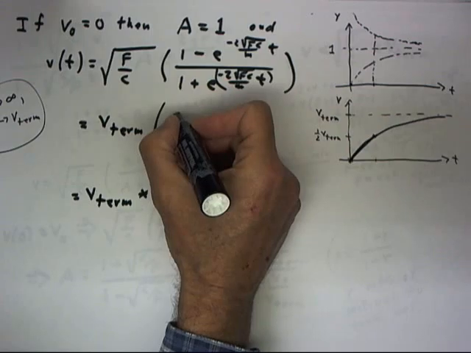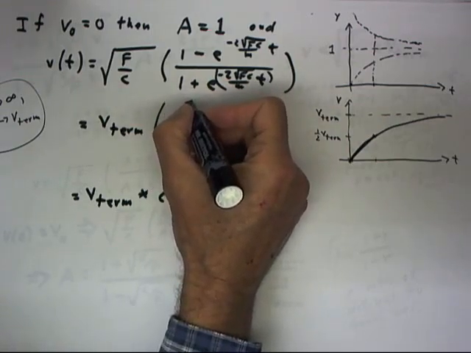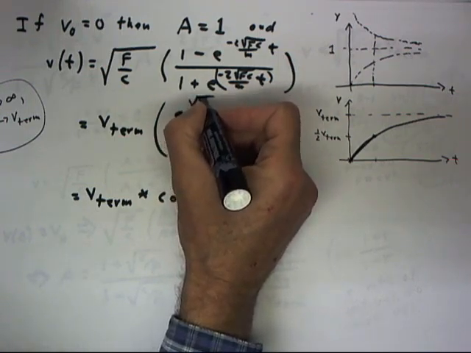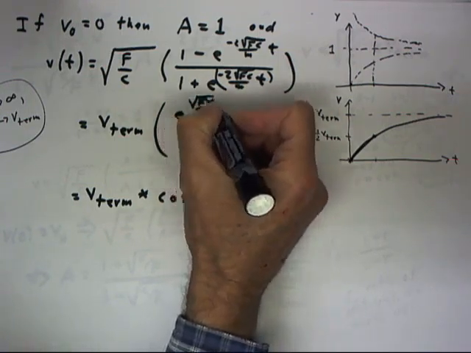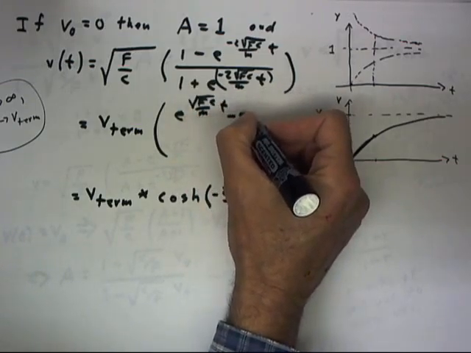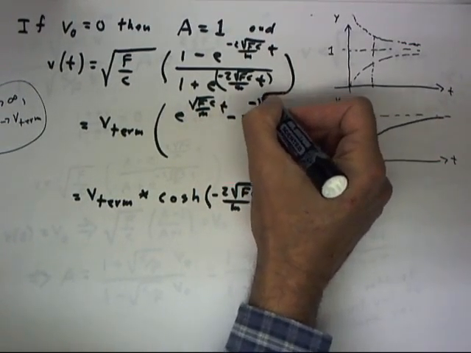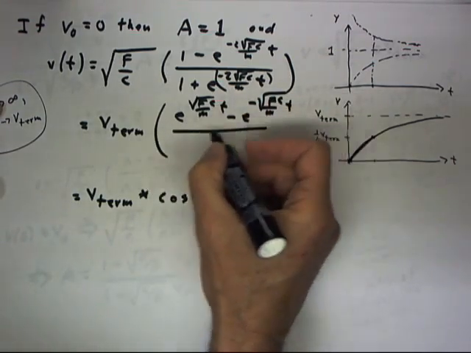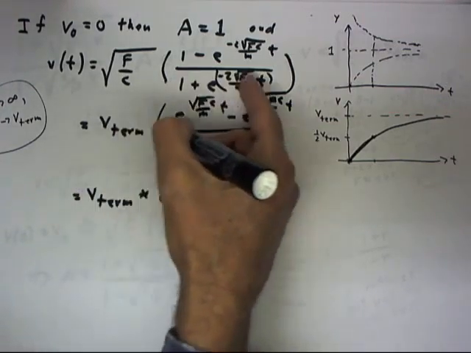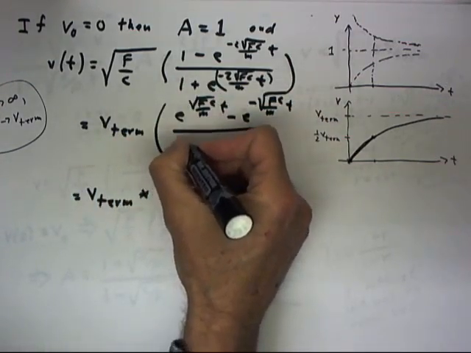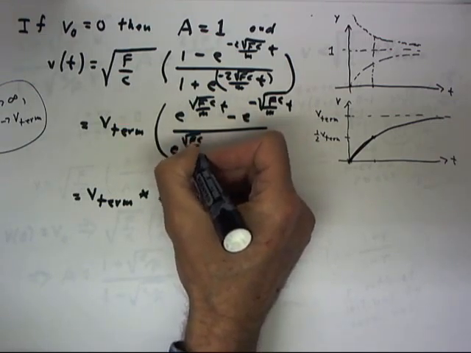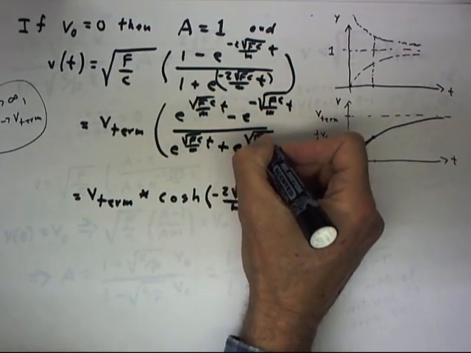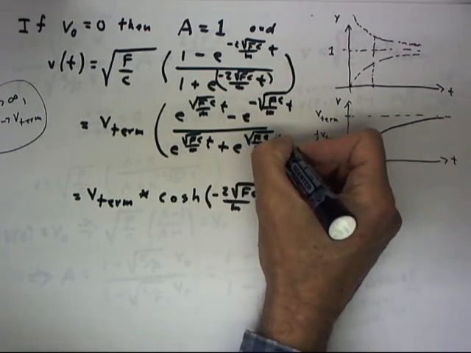I'm just going to write out the result, and it should be fairly easy to see that this is going to give us e to the square root of fc over m times t minus e to the negative square root of fc over m times t, divided by, the denominator has to be multiplied by the same quantity, e to the square root of fc over m times t plus e to the negative square root of fc over m times t.